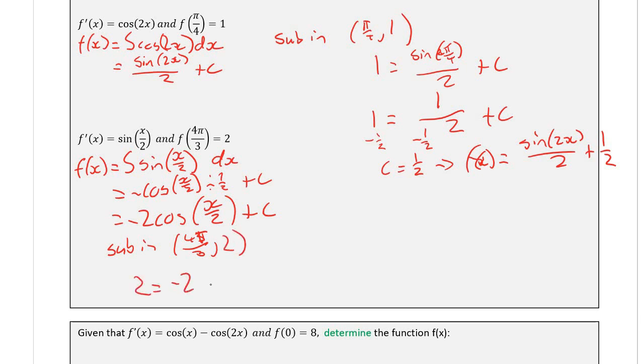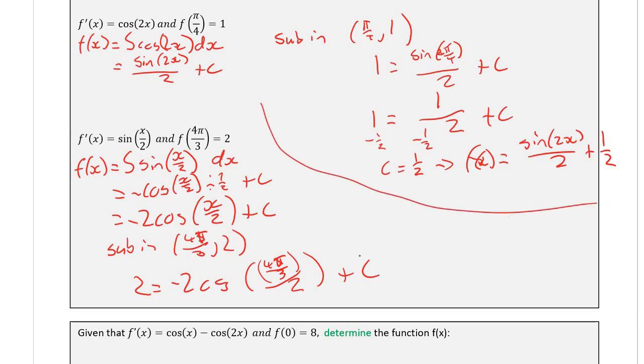So 2 equals negative 2 cos 4/3 pi divided by 2, plus c. What is 4/3 pi divided by 2? If I have 4 of something and I divide it by 2, how many are left? 2. So it would be 2/3 pi.